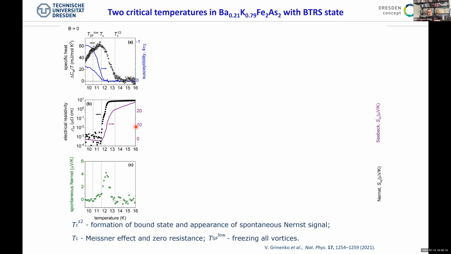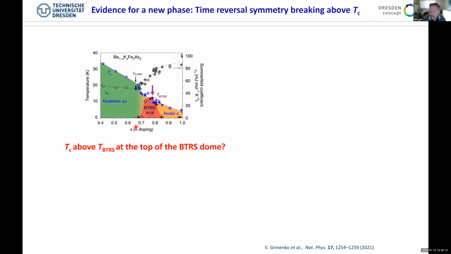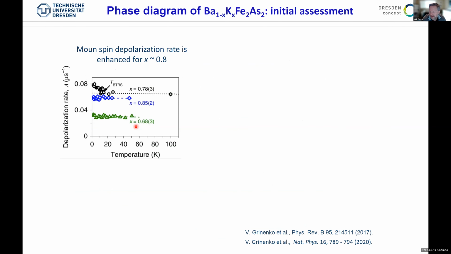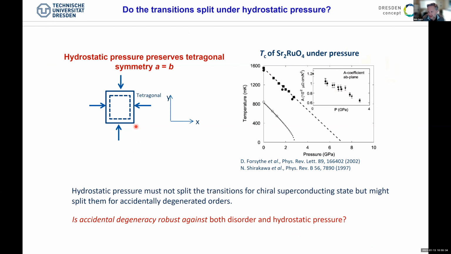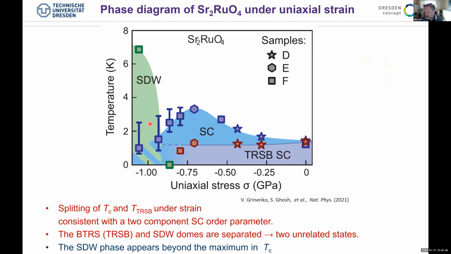Great, Nick. Hi, Henning. Really nice talk. I was curious, is there any significance in the strontium ruthenate to the fact that the time reversal symmetry breaking temperature is more or less independent of stress, whereas the main transition temperature goes up? Does that say something fundamental about the material?